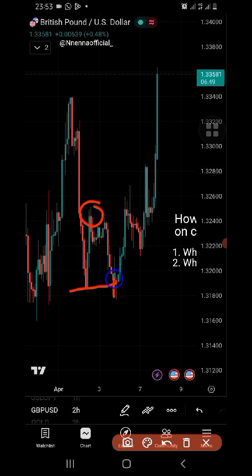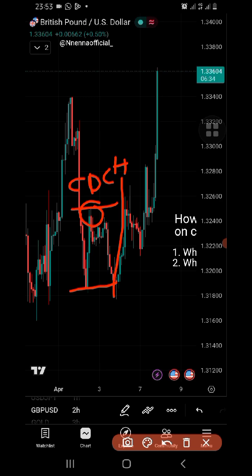So once market has moved and is able to take out here, giving you a form of change of character, that's your confirmation. Then you are certain this is a complete manipulation and it is now ready for the market to distribute massively. And that's when you can now choose to continue with the market.